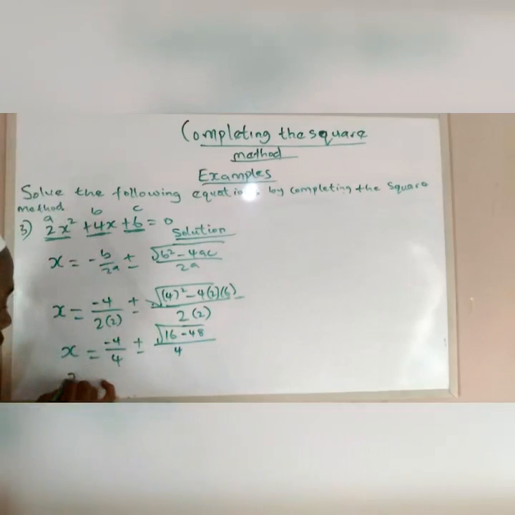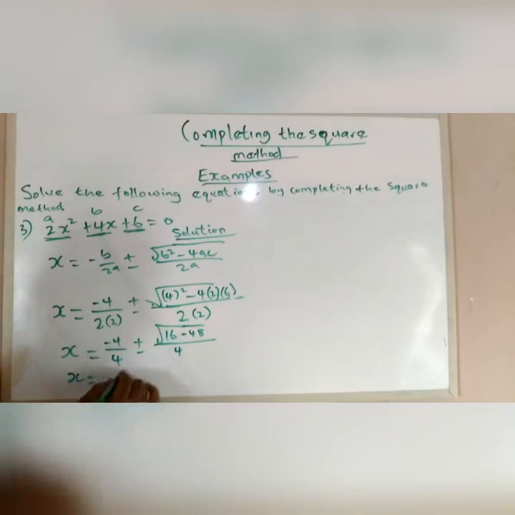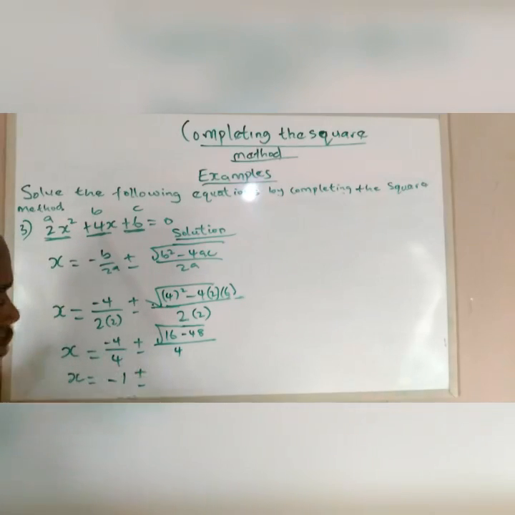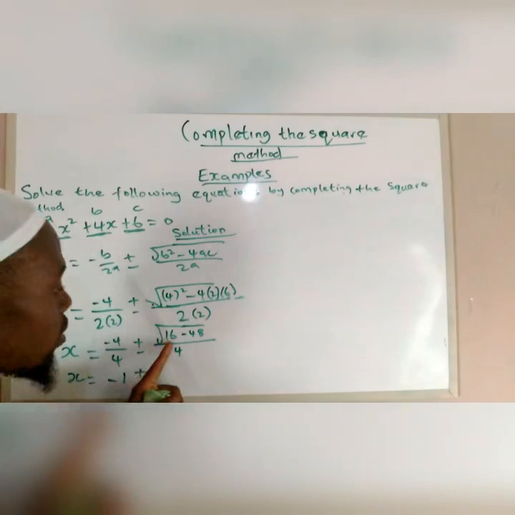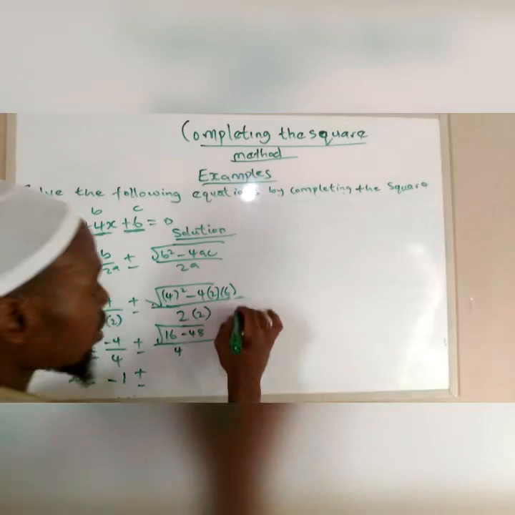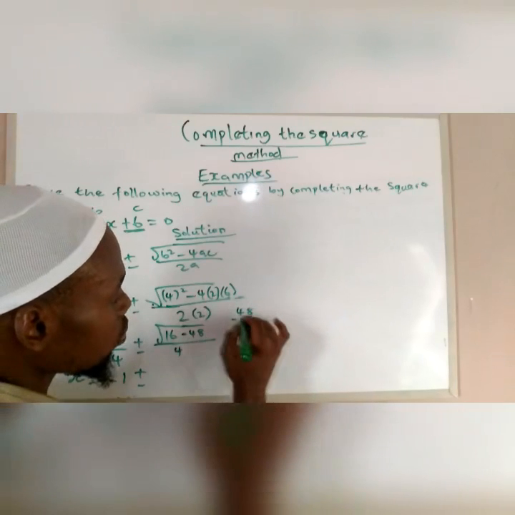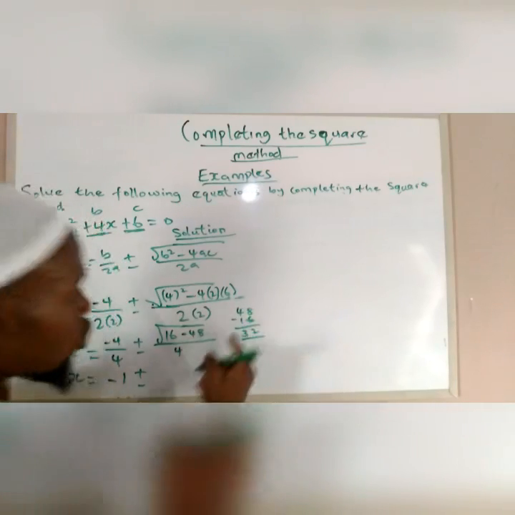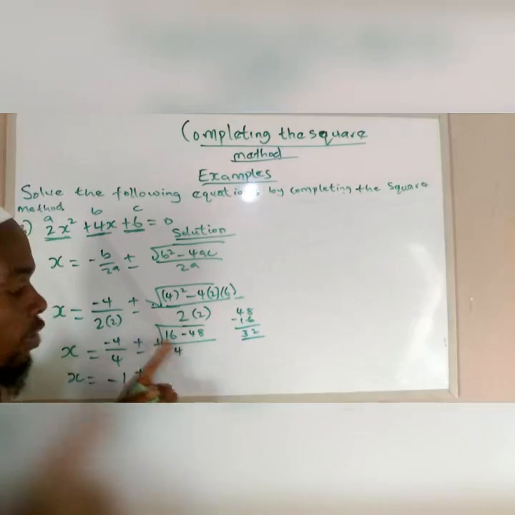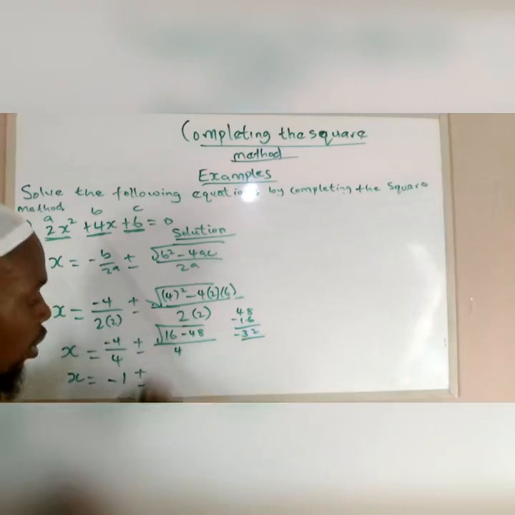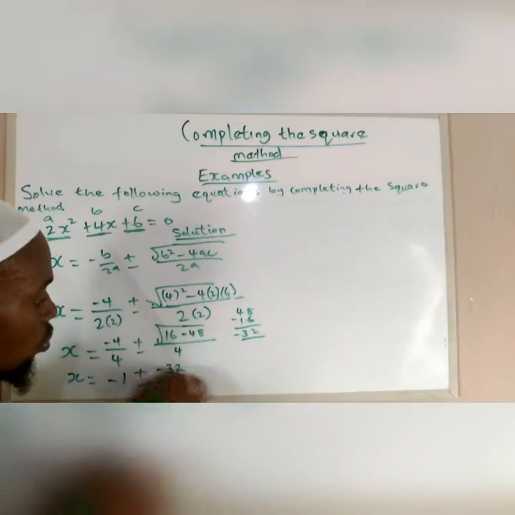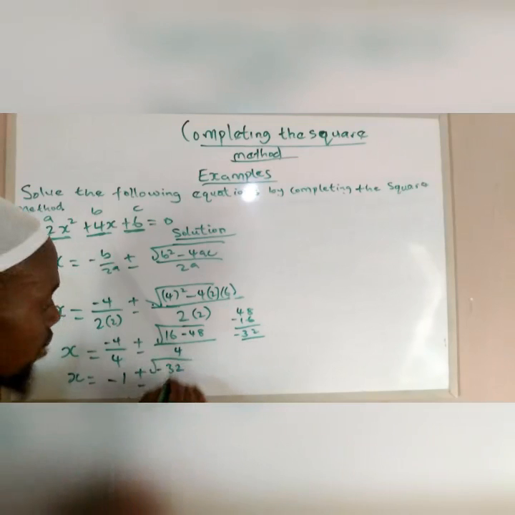And we have x to be equal to minus 4 divided by 4, that will be minus 1, plus or minus root of 16 minus 48. So because it is 16 that comes first, we just put a minus here. So we have root of minus 32 divided by 4.